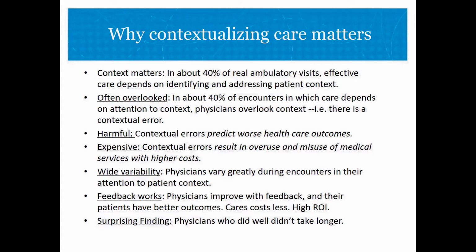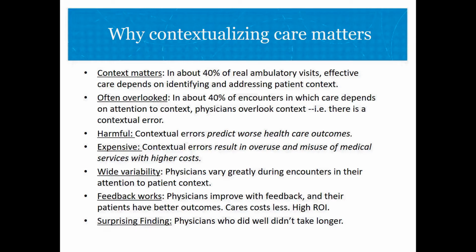This slide summarizes many years of research on this topic with just a few highlights. First, we found that in about 40% of real ambulatory visits, effective care depends on identifying and addressing patient context. We've also found that in 40% of encounters in which care depends on attention to context, physicians overlook context, meaning there is a contextual error.